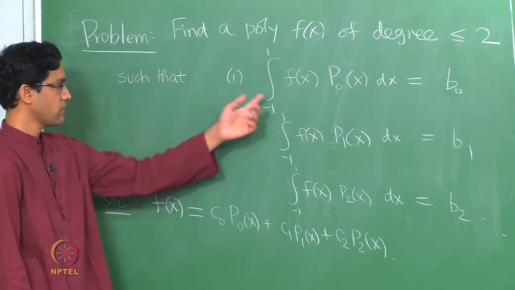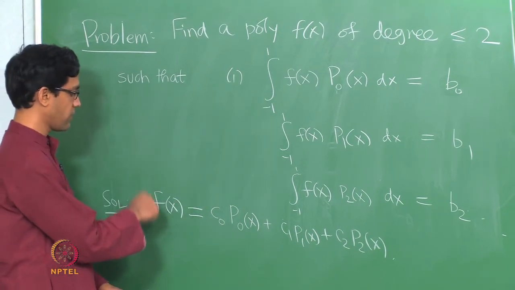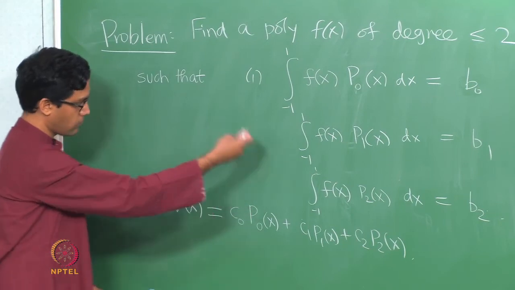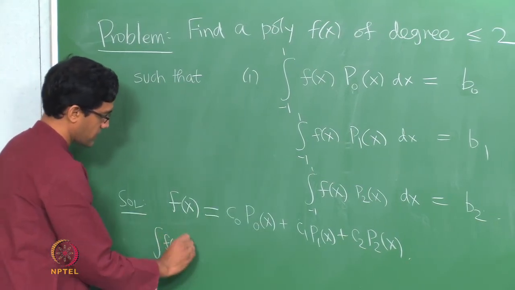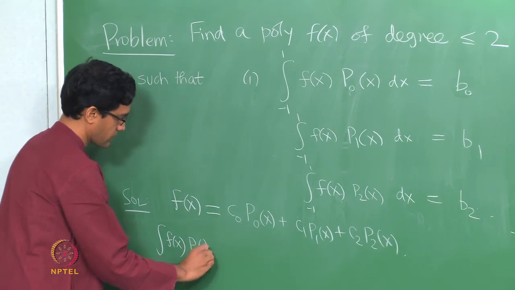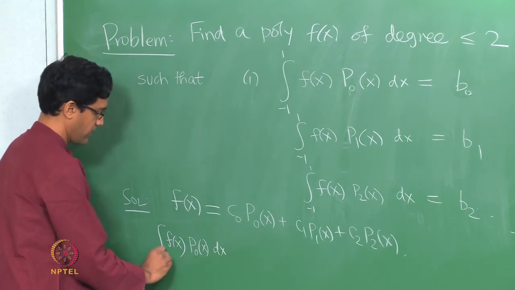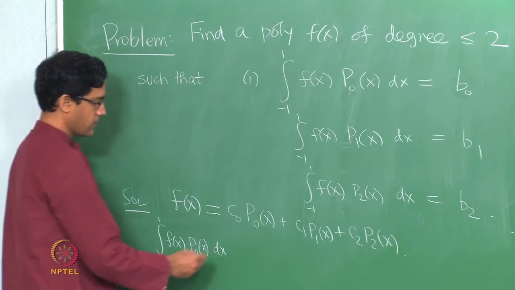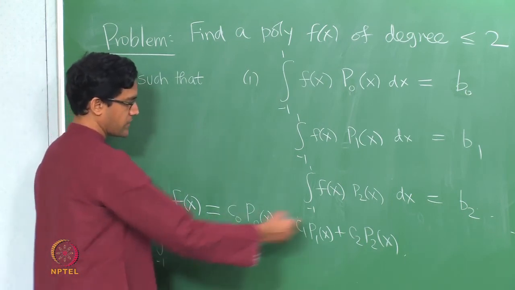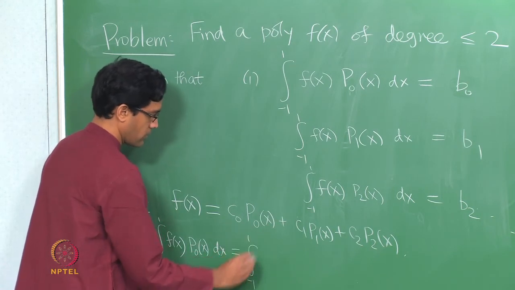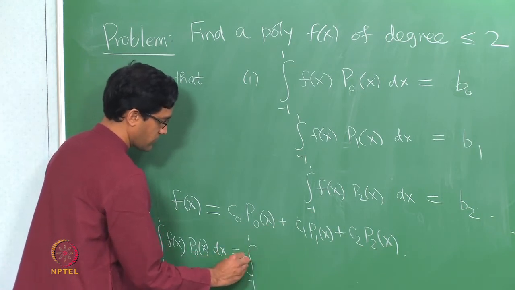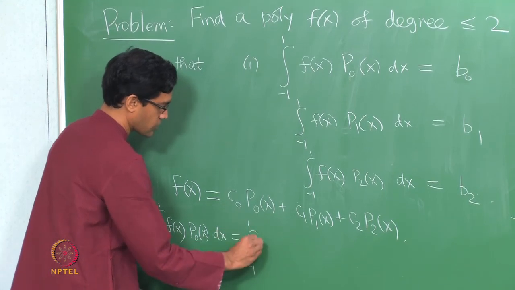Now what is given here is the integral of f of x multiplied by some one of the pi. So observe, if I compute the integral of f of x with let us say p0 of x between the limits -1 and 1, then that is just the same as doing the integral on this side. So this is like saying I need to compute c0. So observe, the integrals have the following property, you can pull constants out.